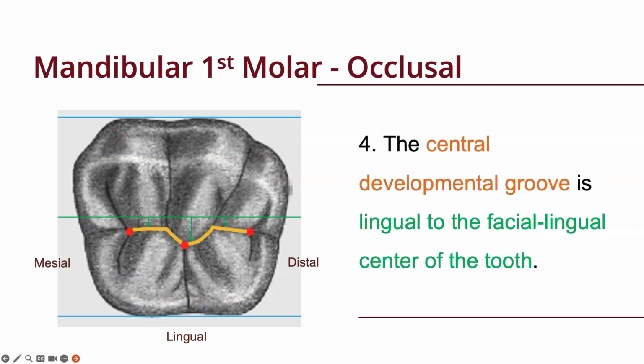The central developmental groove is lingual to the facial lingual center of the tooth. So again, here you can see the center of the tooth, but if you look at the central groove, it's offset to the lingual of that. And here you have your central pit, your mesial pit, and your distal pit.